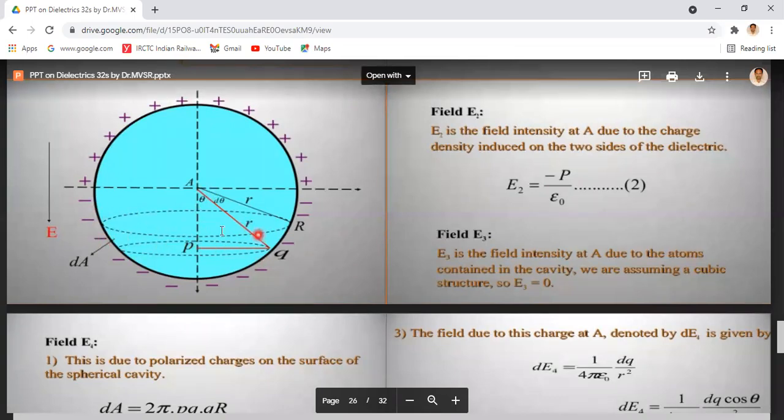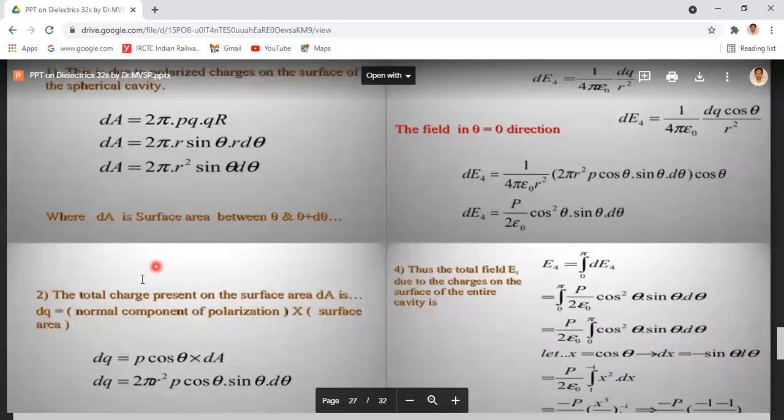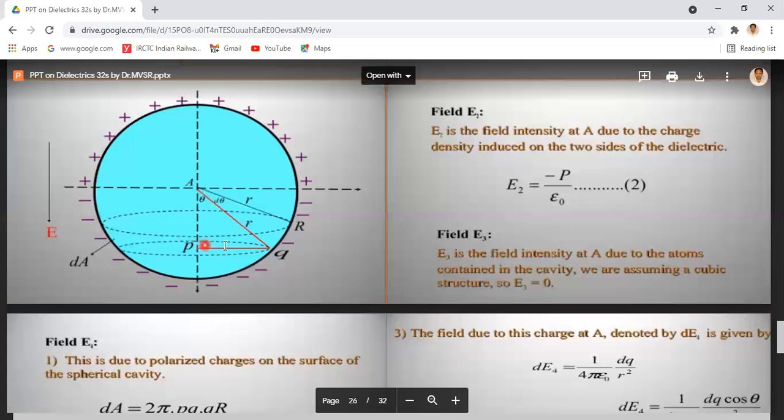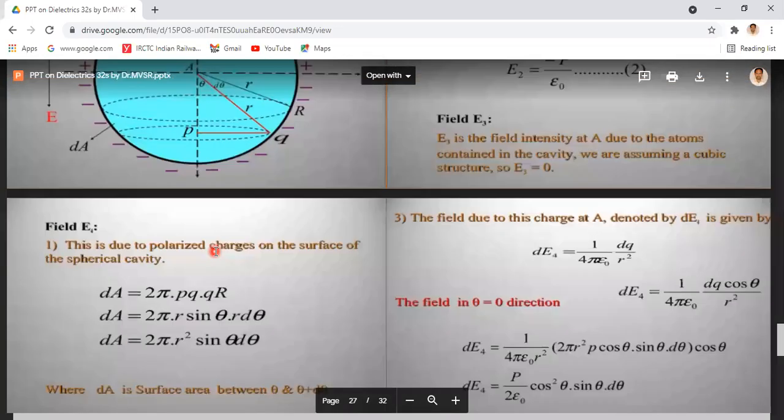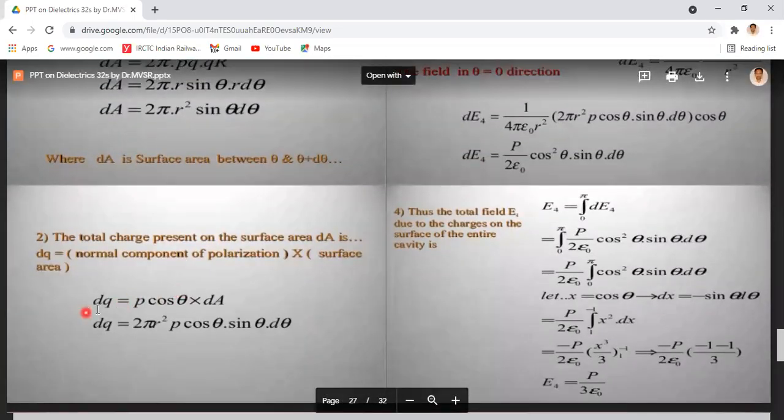Now you have to calculate how much charge exists on this small surface area dA. Consider the total charge present on the surface area dA as dq. That dq charge value is nothing but P cos theta into dA.